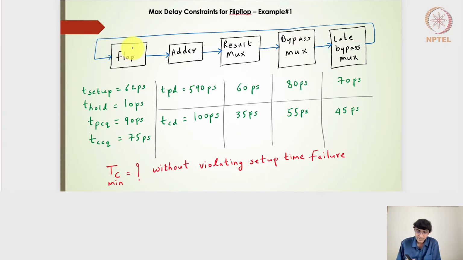What we have is the same flops design, and the output of these combinatorial circuits has to be evaluated at every clock edge, or at different clock edges. If I consider flop 1 at the first clock edge, it will have its own overhead like the TPCQ. So the output will be generated after the TPCQ 1, and then a series of combinatorial circuits will give the output here.